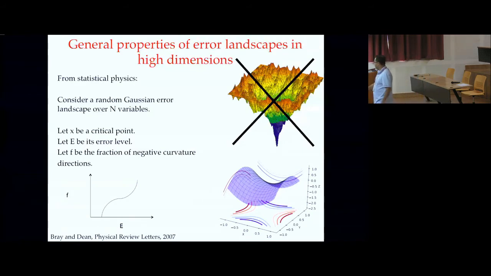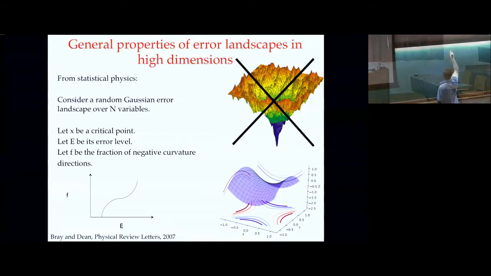So the basic idea is you have an error landscape, let's say over the synaptic weights of a deep neural network. And at each point, so this is the component W1 through Wn, at each point, E is a random variable.